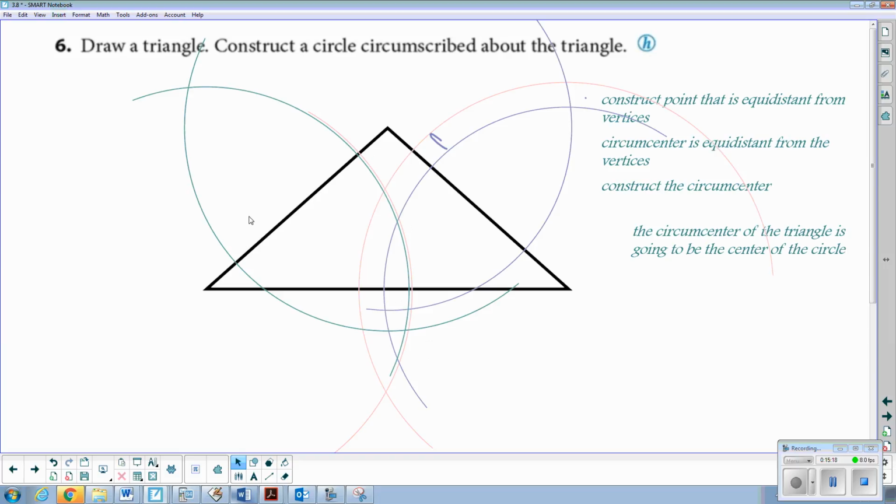So I'm going to connect all of those perpendicular bisectors.